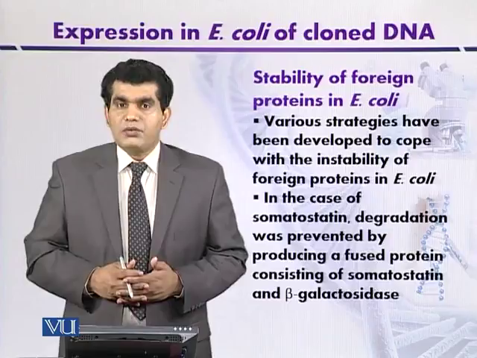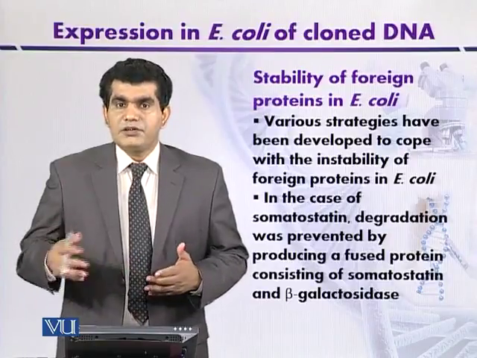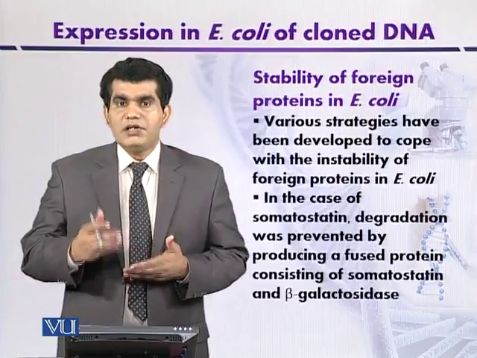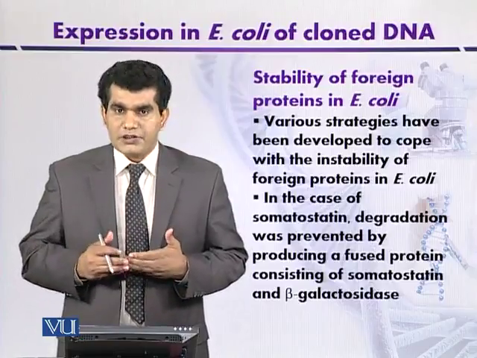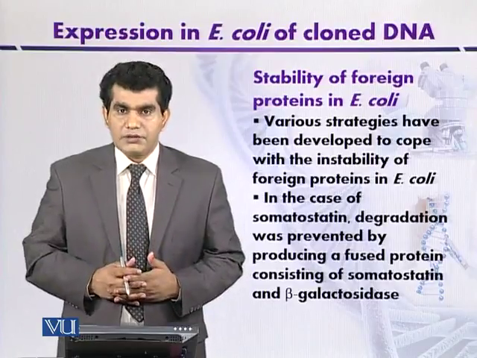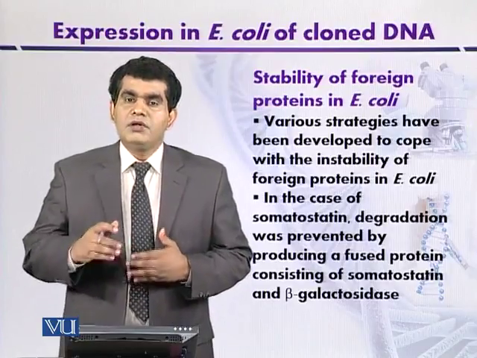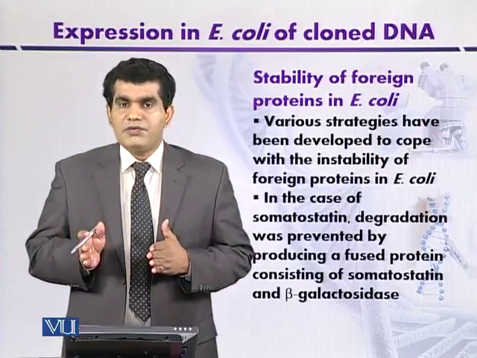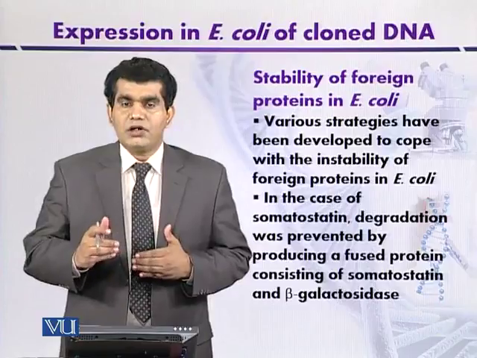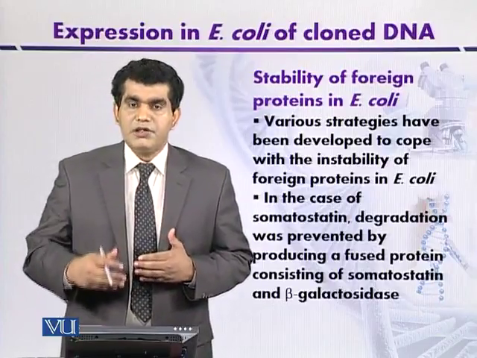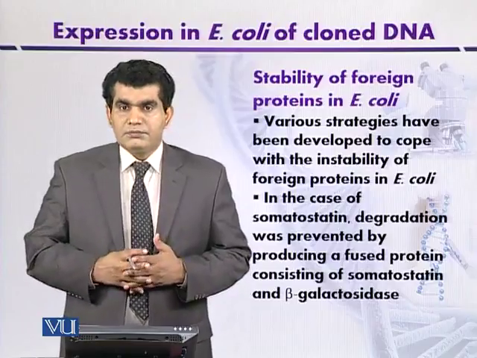It also plays a role in the degradation of different types of proteins, either abnormal proteins or even in regulatory proteolysis, where normal proteins under starvation can also be degraded. So if we create mutants that are deficient in proteases, especially Lon or Clp proteases, then the accumulation of the foreign proteins can be enhanced.